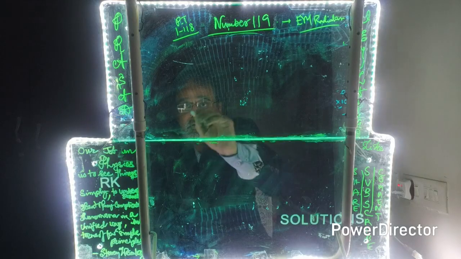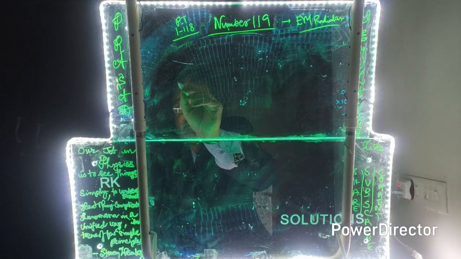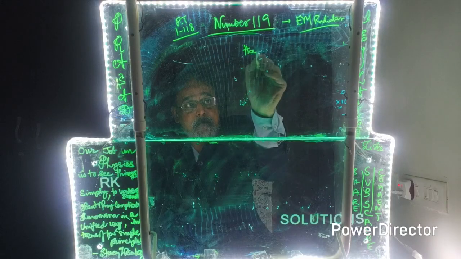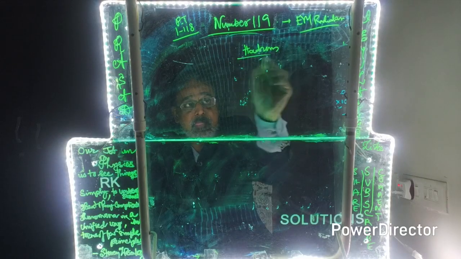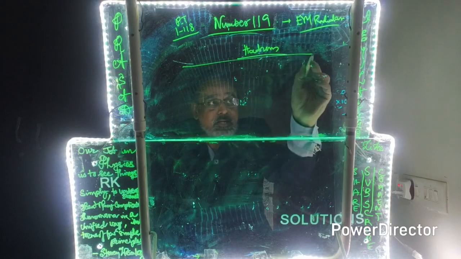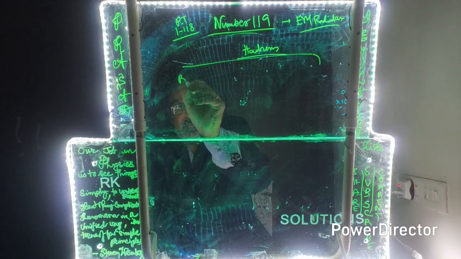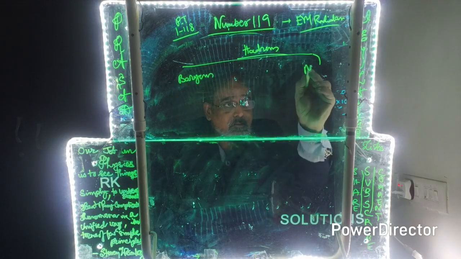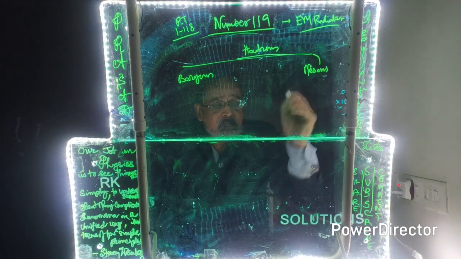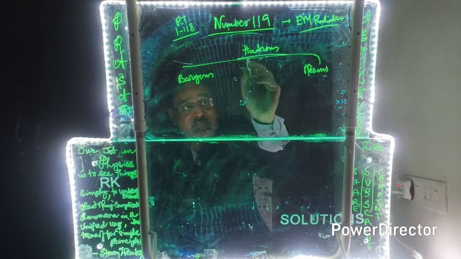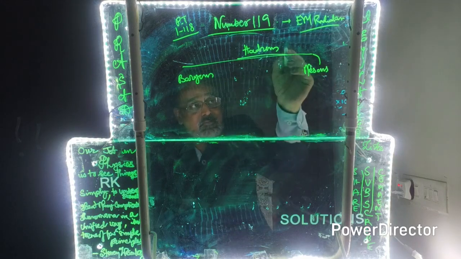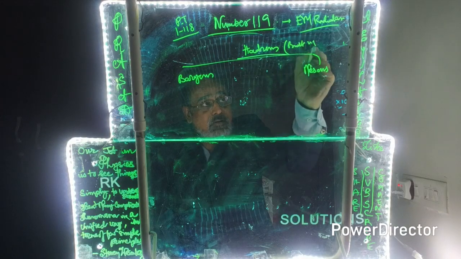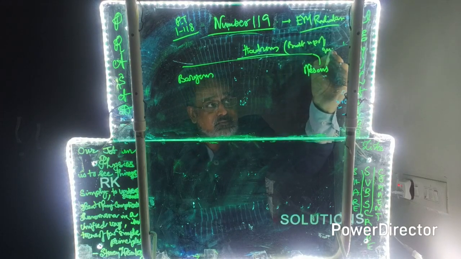Now, let us say we have these hadrons. Hadrons are two types, baryons and mesons. These are built up of quarks.